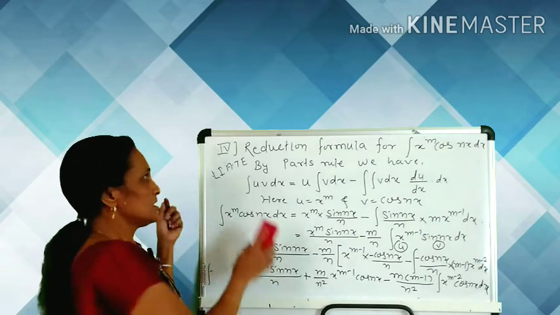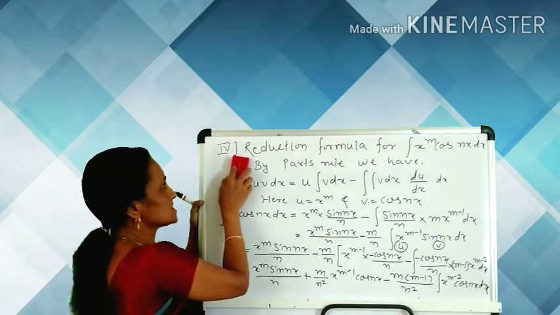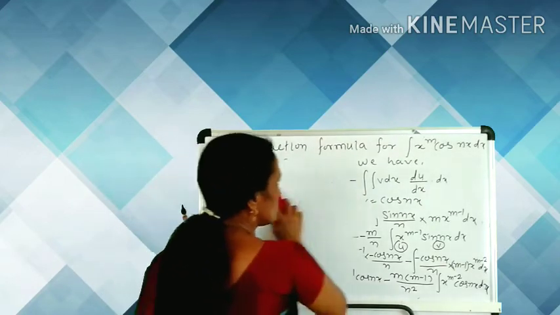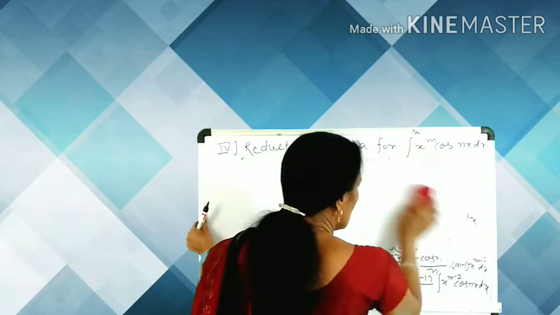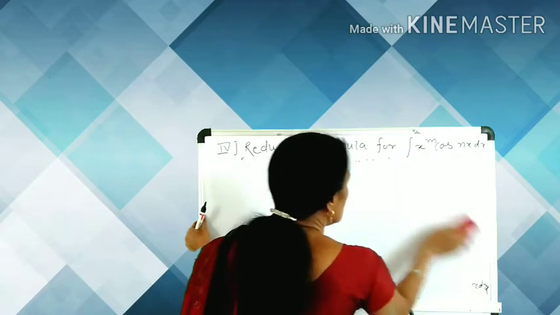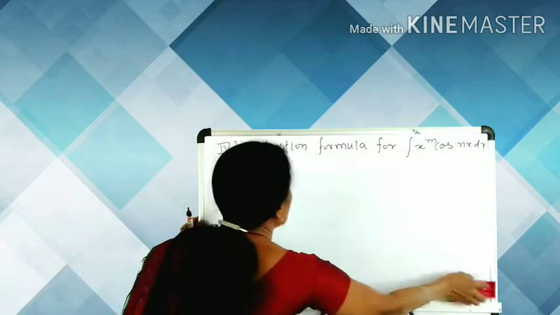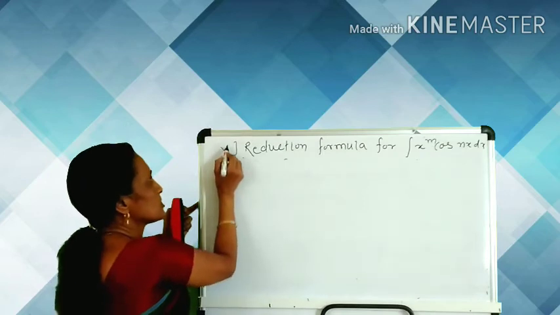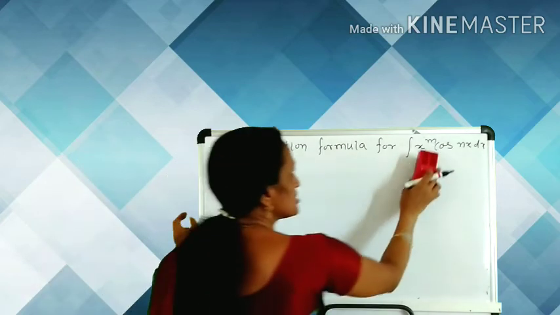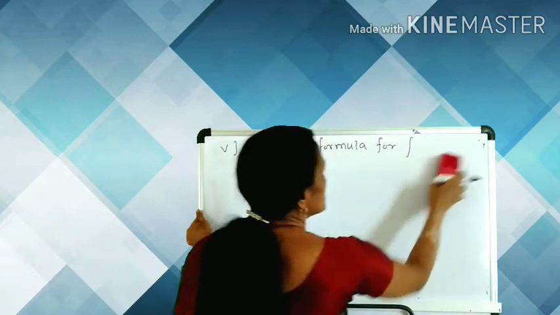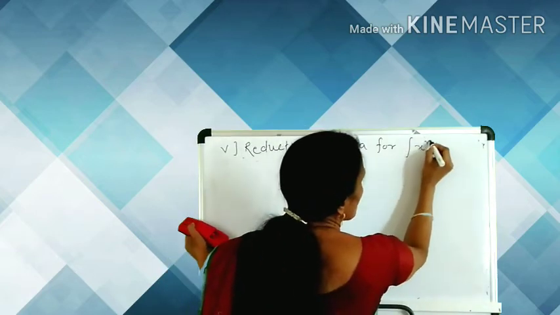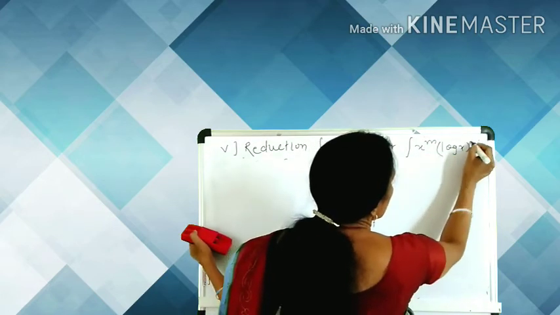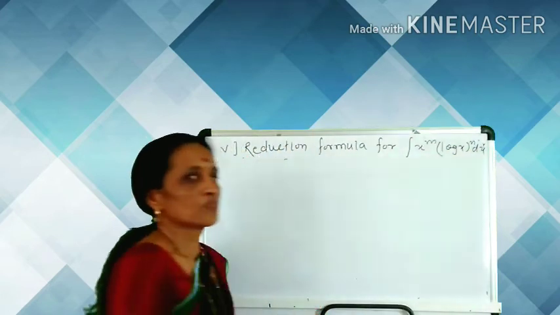Now, students, lastly we find the reduction formula for one more standard function, and that function is x raised to the power m multiplied by log x raised to the n, multiplied by dx.